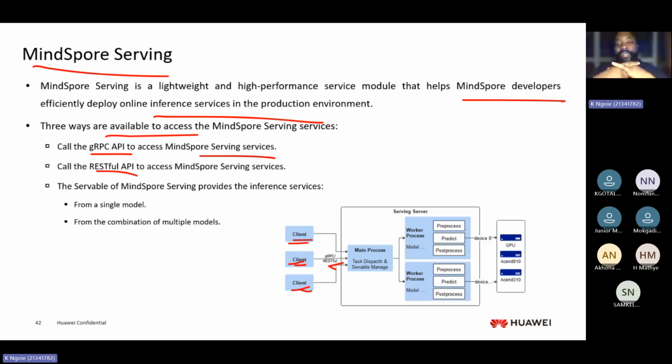When you need to access it through, for example, a certain website, which starts with the standard method of HTTP, and if it's secure, HTTPS, then it's better to use the RESTful API. But if you want to access it directly, then you can use gRPC.